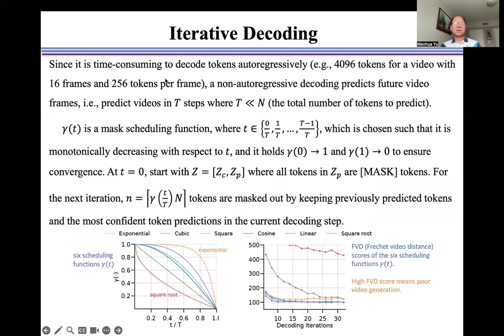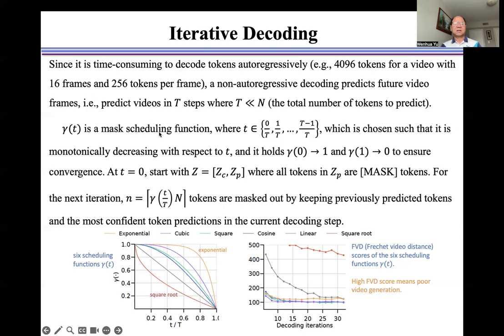Since it's time-consuming to decode tokens autoregressively, a non-autoregressive decoding model predicts future video frames, namely predicts videos in T steps, where T is much smaller than the total number of tokens to predict.